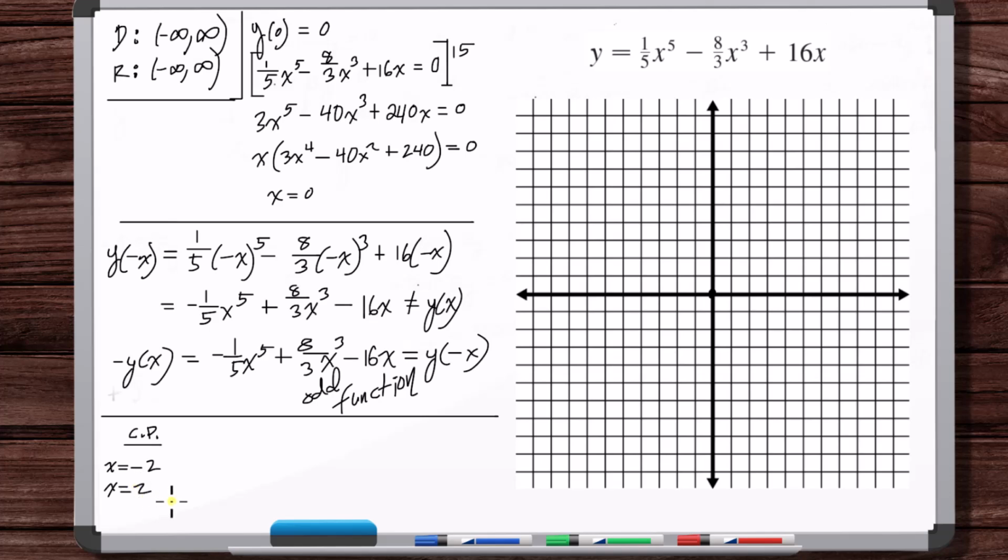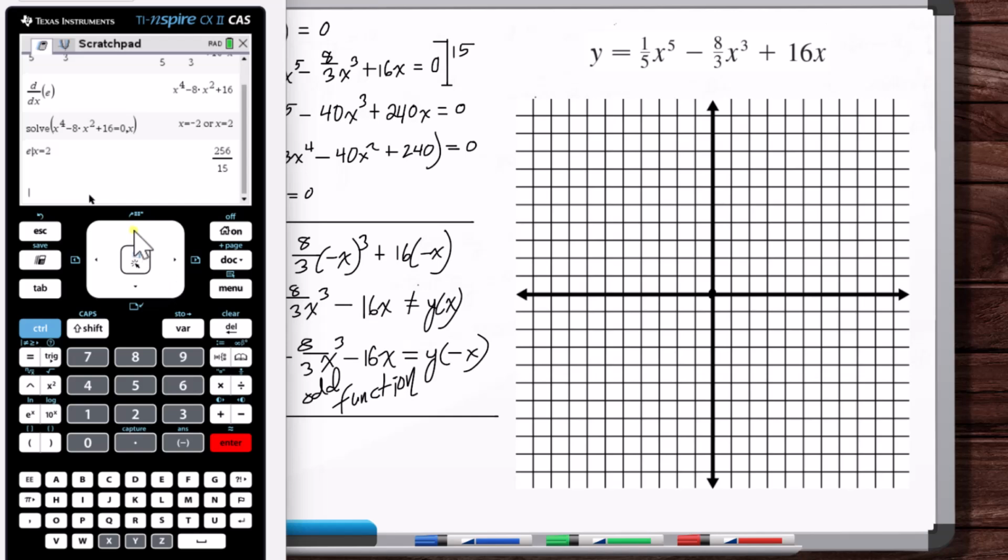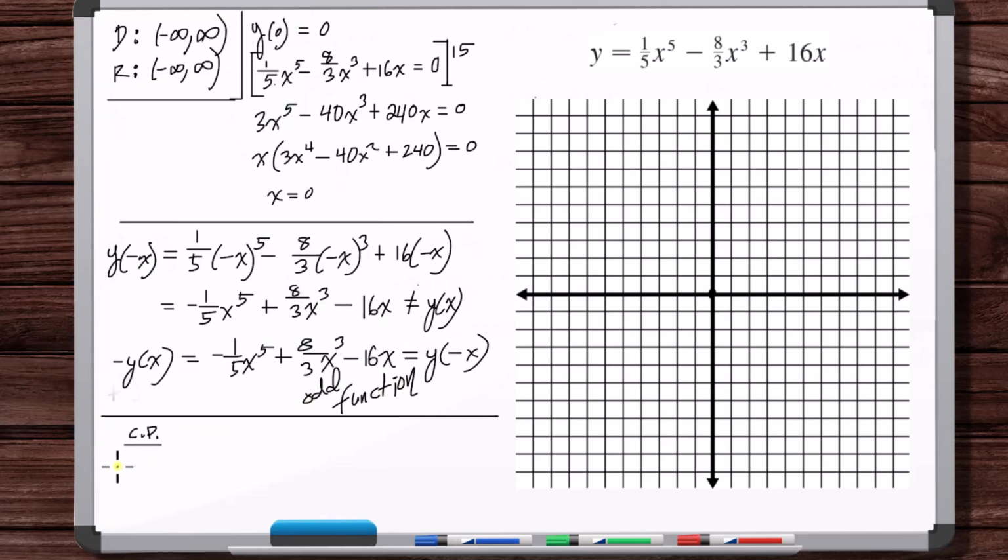And what we could do is, let's get the actual points. So we've got the original function. Let's evaluate the original function with x equal to 2. So 17.1. So (2, 17.1).